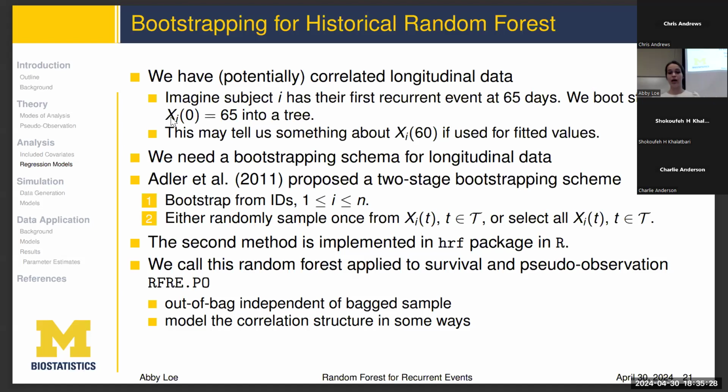The second method, where we put all of our people into our random trees, is implemented in a package in R. So that's what we're going to use. It's called historical random forest.